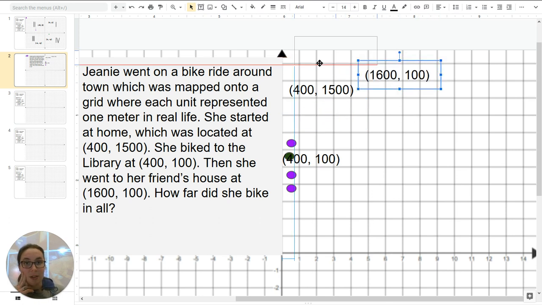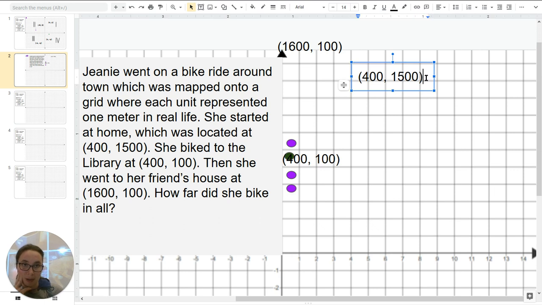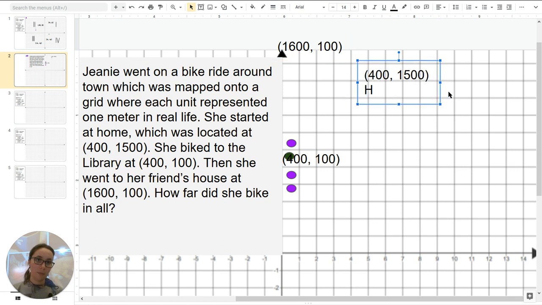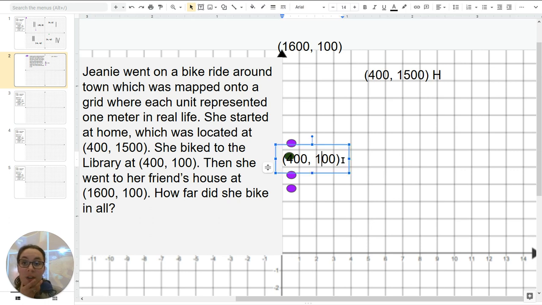She started at 400, 1500. That's her home. I'm going to mark that as H. All right, so she started here. Then she went to the library, which is at 400, 100.